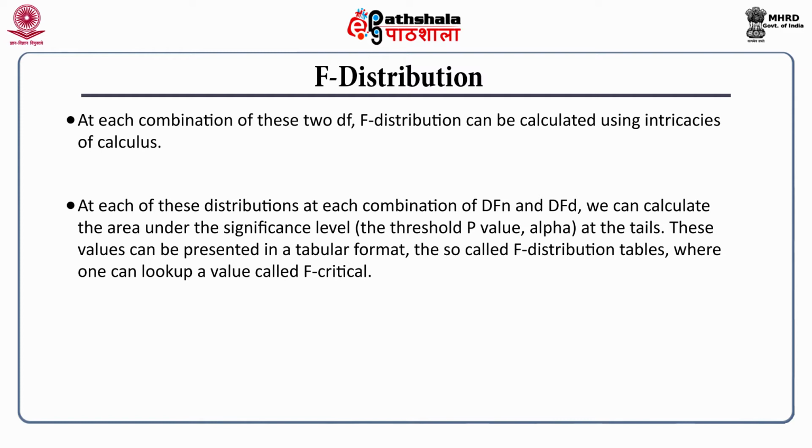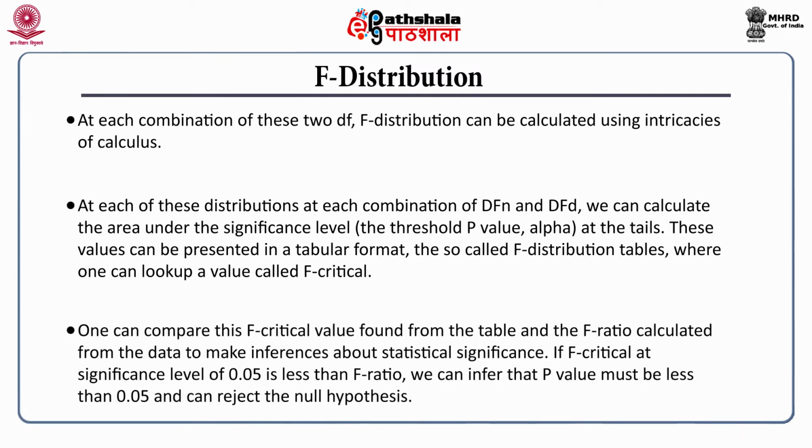These values can be presented in tabular format, the so-called F distribution tables, where one can look up a value called F critical. One can compare this F critical value from the table with the F ratio calculated from the data to make inferences about statistical significance. If F critical at a significance level of 0.05 is less than the F ratio, we can infer that the p-value must be less than 0.05, and we can reject the null hypothesis.